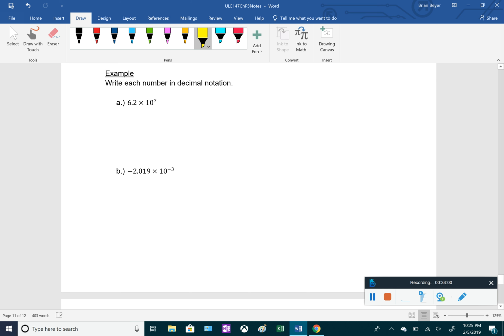So for example, let's write these in decimal notation. So 6.2 times 10 to the 7th. What this is going to be is 6.2. We have a positive 7, so that means we're moving the decimal point to the right 7 places because it's positive. We're going to put it right there.